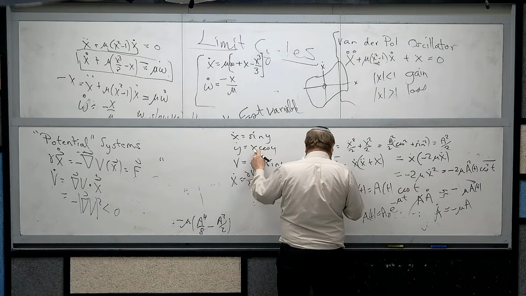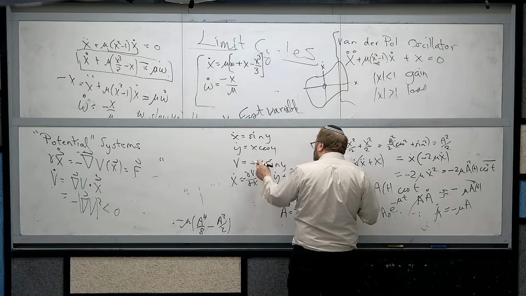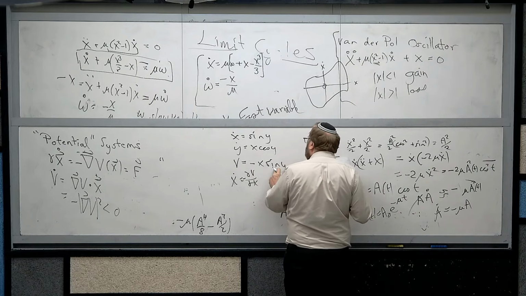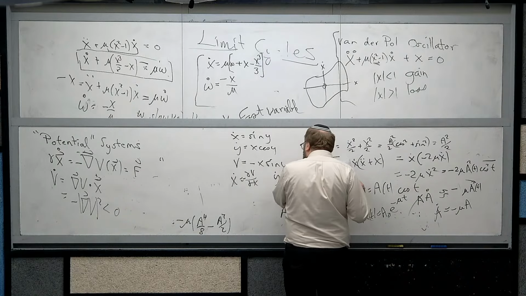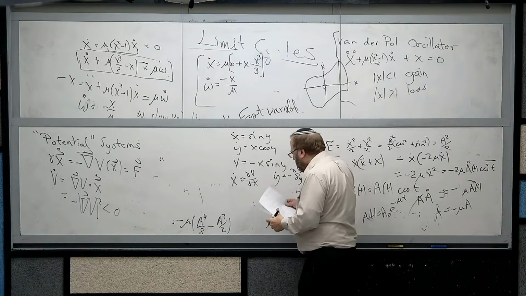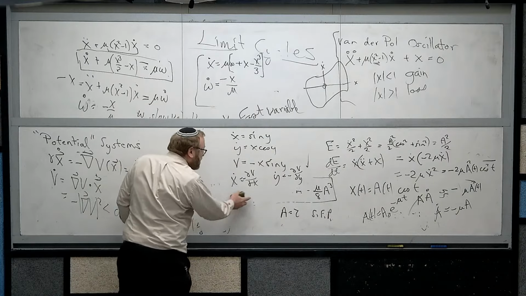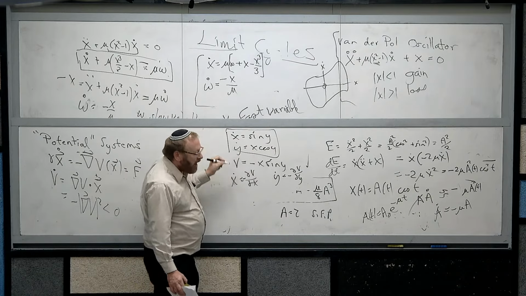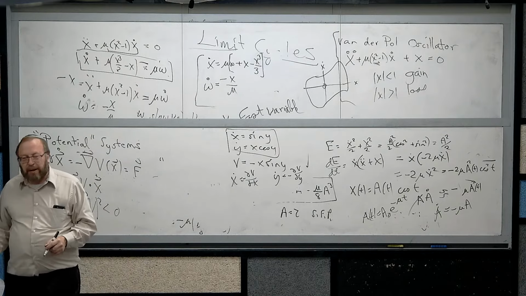Do I have the signs? You have too many minus signs, but okay, fine. Whatever. So therefore, this is a potential system, even though if I just gave you these equations it wouldn't be obvious, and therefore you don't have to worry about fixed points.